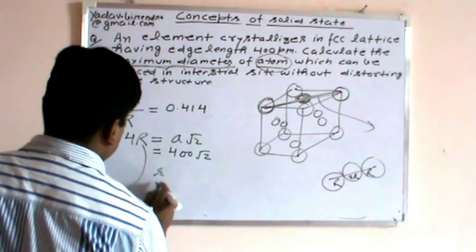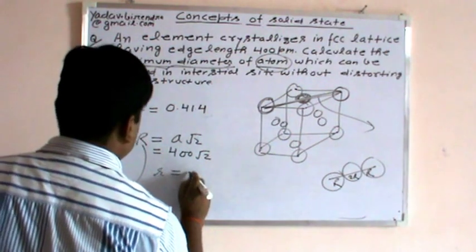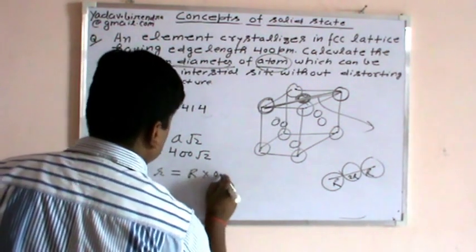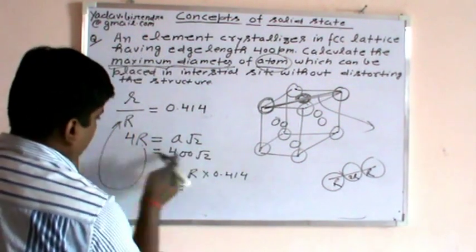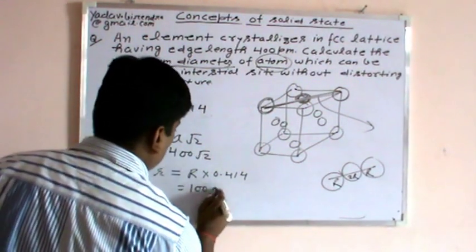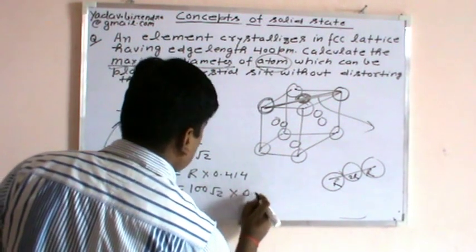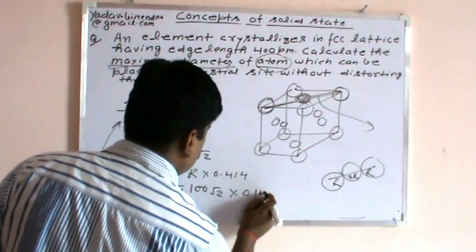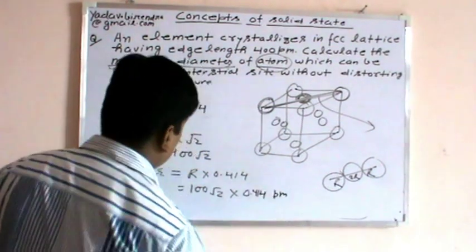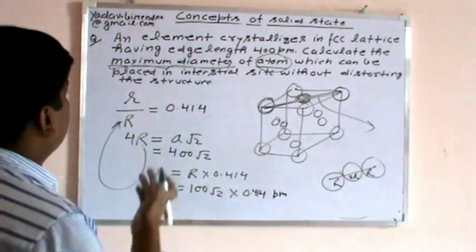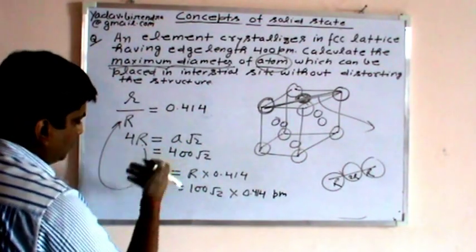So I can write small r is equal to capital R into 0.414, and this capital R is nothing but 100 root 2 into 0.414 picometer. Since we need to get the diameter, we have to take 2r.